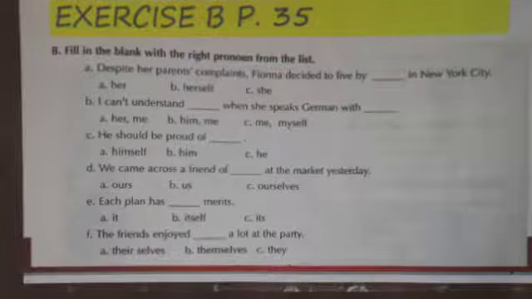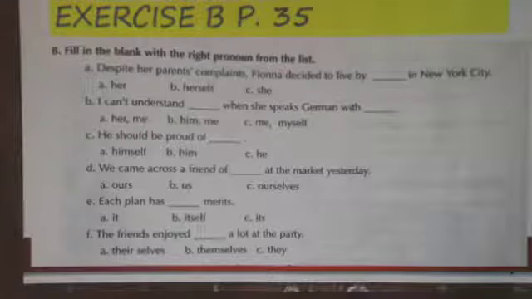Fayuna, okay? Fayuna is a girl, decided to live by, she decided to live alone, okay? So to live by plus pronoun means alone. So Fayuna decided to live by in New York City, which means she decided to move from her parents' house and to live alone.